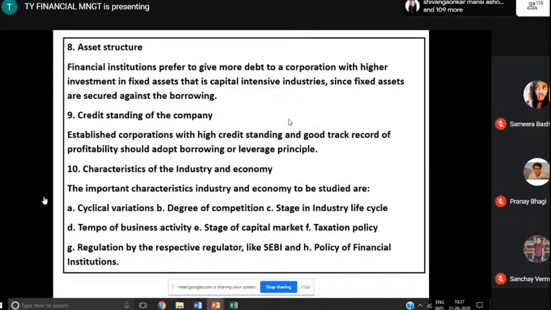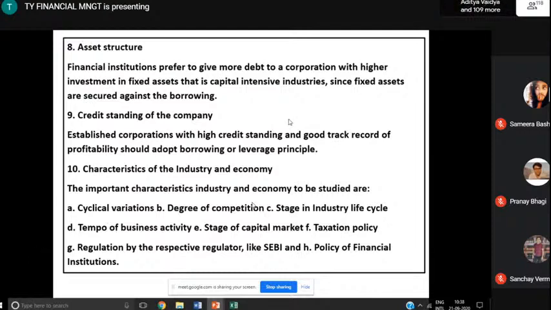What is next? Degree of competition in the industry, stage in the industry life cycle, self-explanatory, tempo of business activity, state of capital market. Now tell me, you are running a company of your own. This is September 2020. Will you issue shares in September 2020 or October 2020?